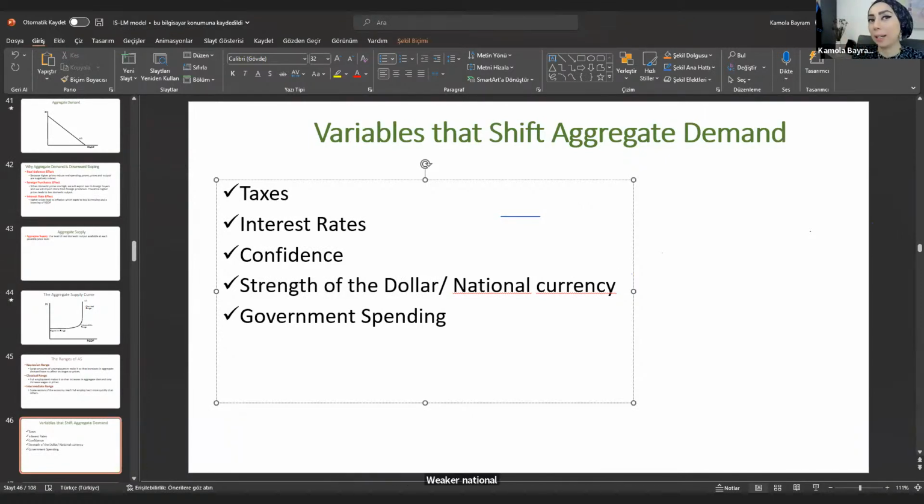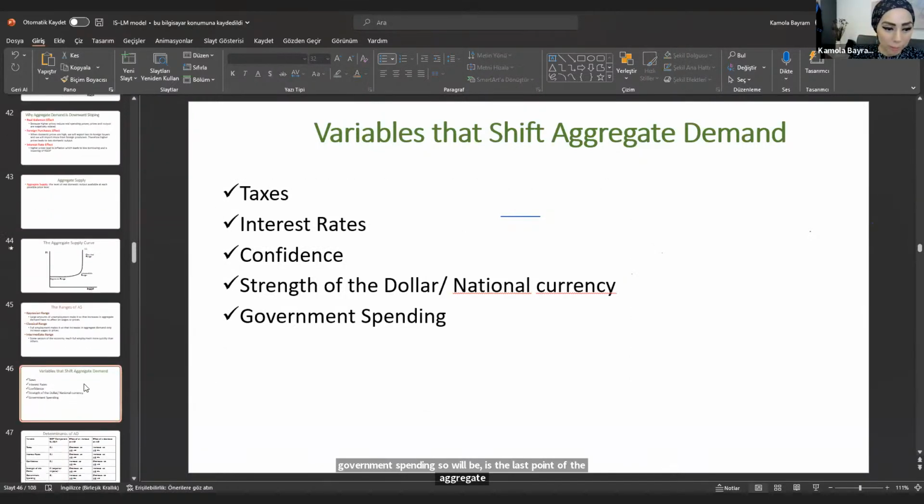Like, for example, when the price of USD goes higher, the price of other products, especially imported products, will also go higher, and it will lead to lowering your purchasing power, unfortunately. And government spending will be the last point of the aggregate demand shifters.